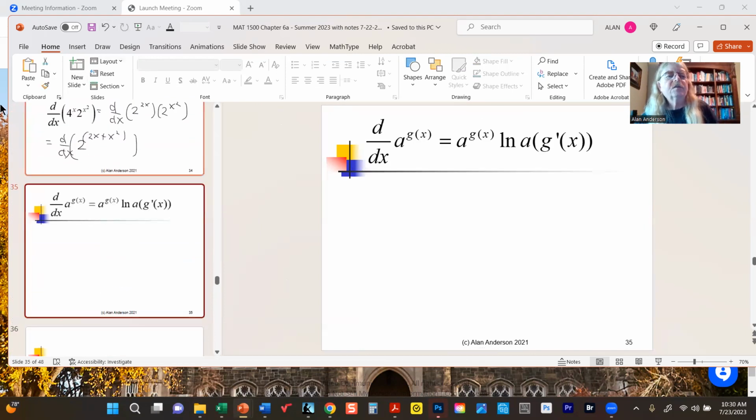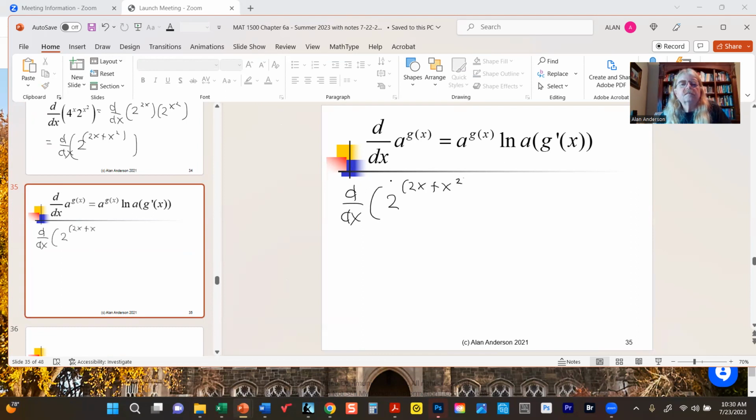All right, so the original function was a to the g of x, so that means clearly a is 2 and g of x is this exponent, 2x plus x squared, which means that g prime of x, based on the power rule, is simply 2 plus 2x.